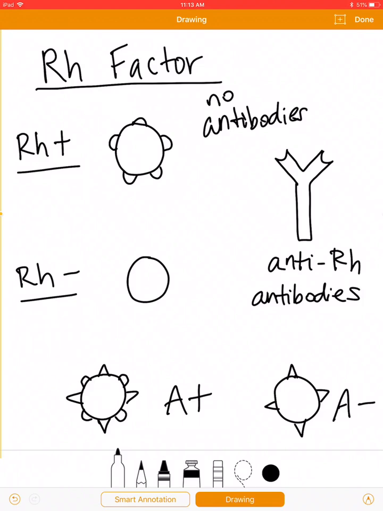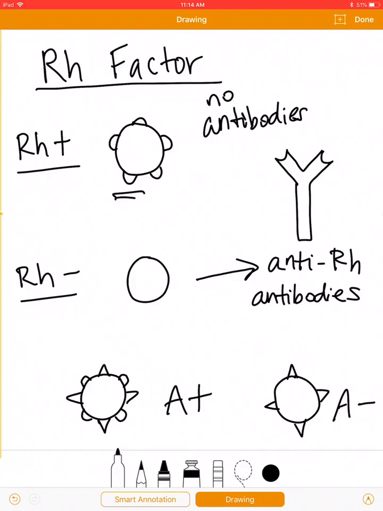If the person's Rh negative, okay, then they would have these anti-Rh antibodies present in their bloodstream. Now, one thing that makes Rh factor different from the ABO blood groups is that these anti-Rh antibodies do not start to become present until a person has been exposed to this Rh antigen, okay, that's present on a different red blood cell from another person.